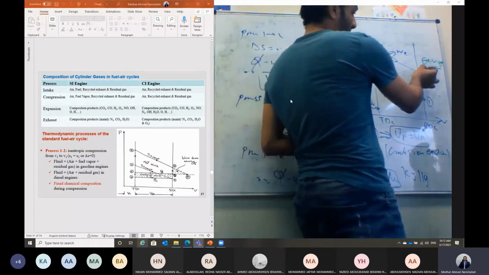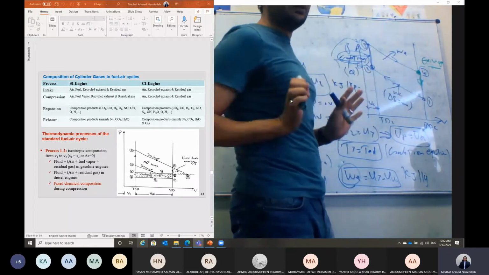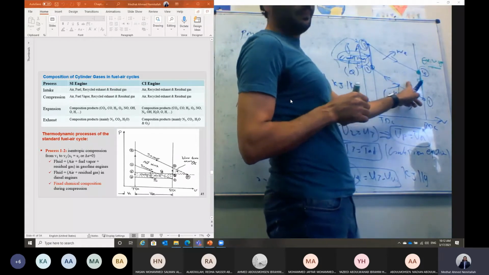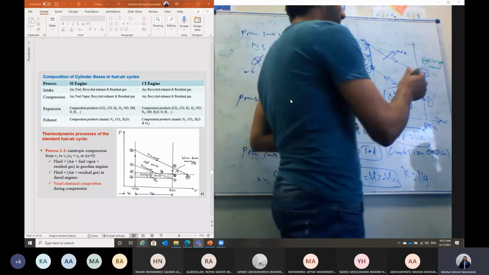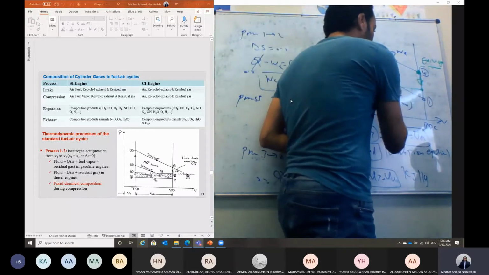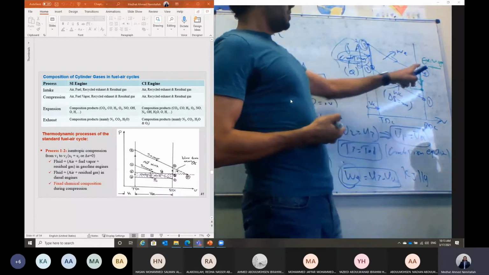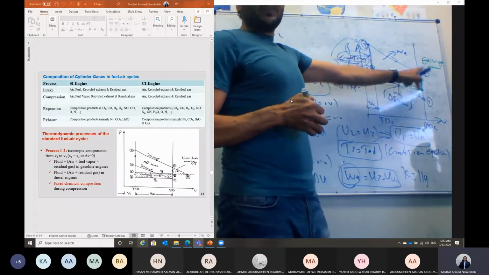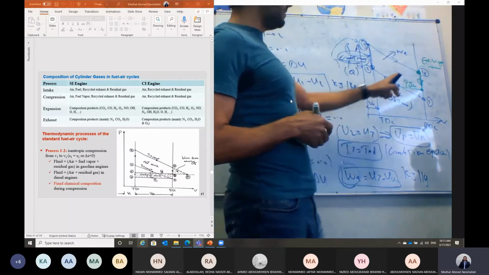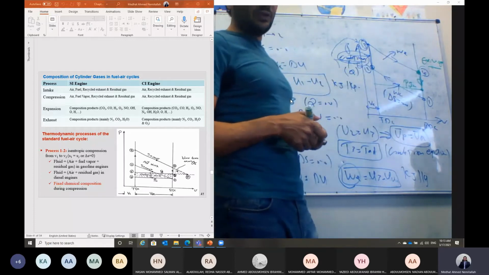So part of the gas will be pushed out of the cylinder, and the pressure will be reduced inside the cylinder until it approaches atmospheric pressure. During this period, some heat is rejected, and the exhaust gases leave the cylinder, driven by the high pressure inside the cylinder at point number 4.